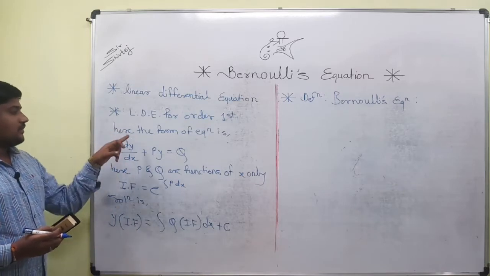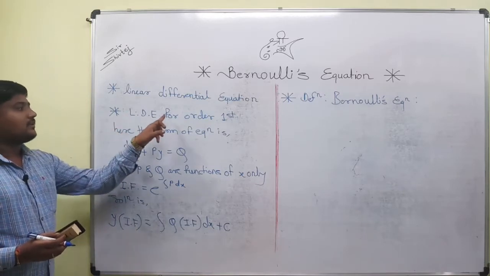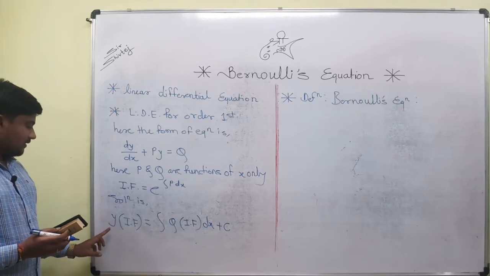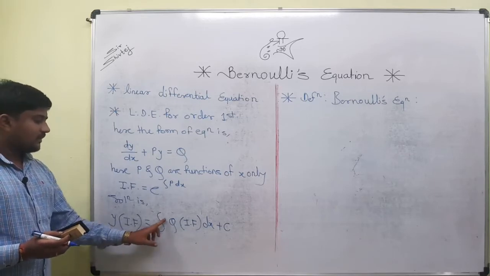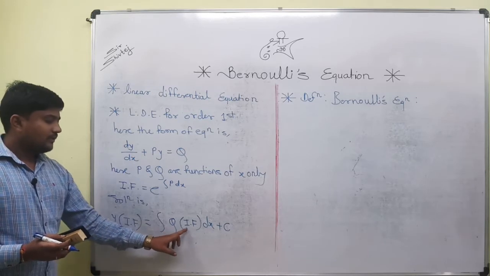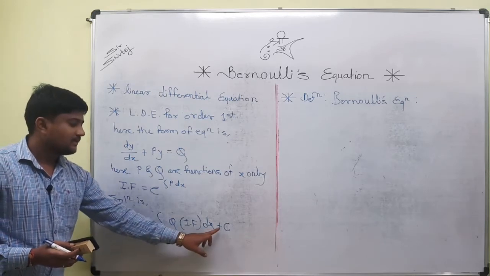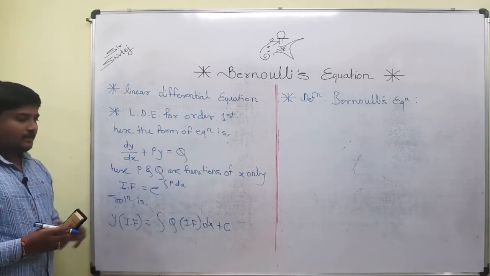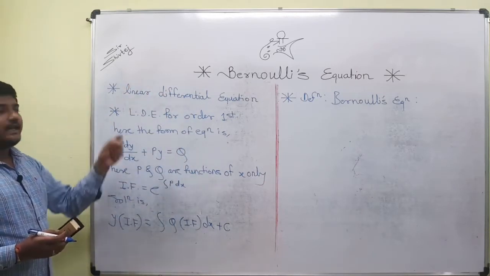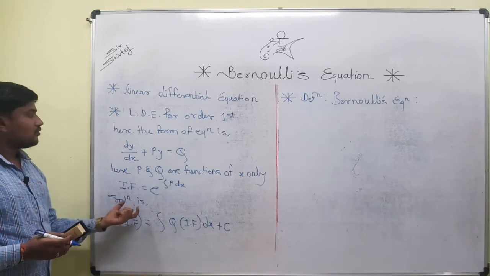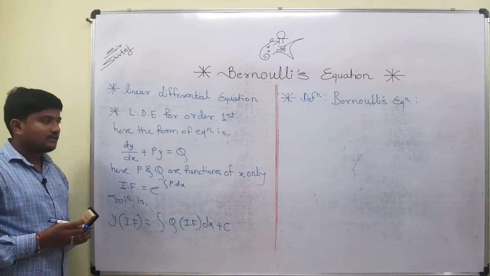Therefore the solution of the linear differential equation in first order is y into integrating factor equals the integral of Q into integrating factor dx plus c. This is the exact method for the solution of a linear differential equation.